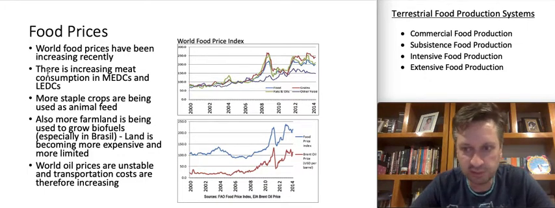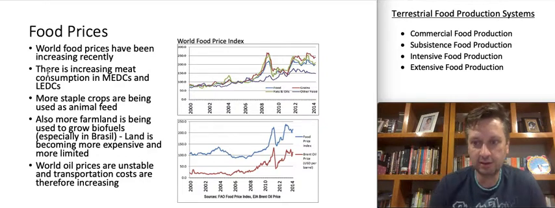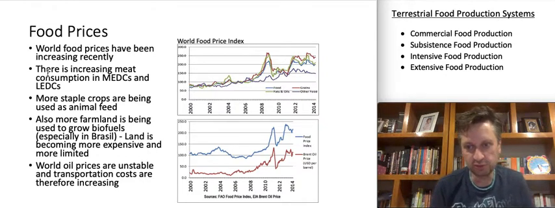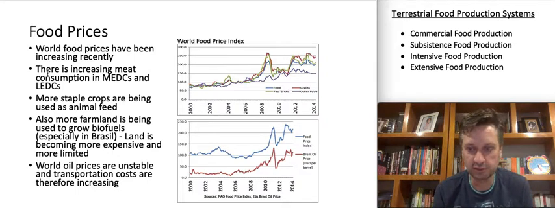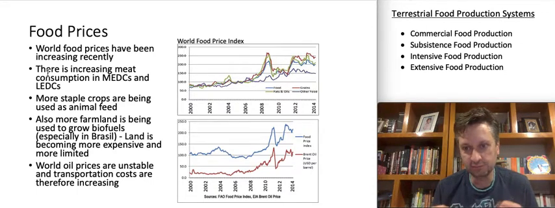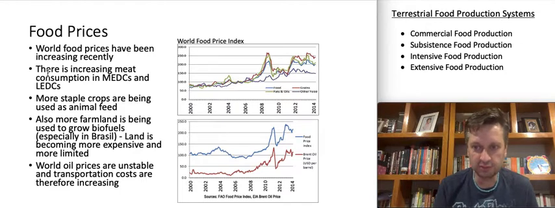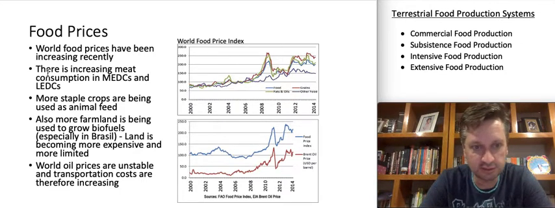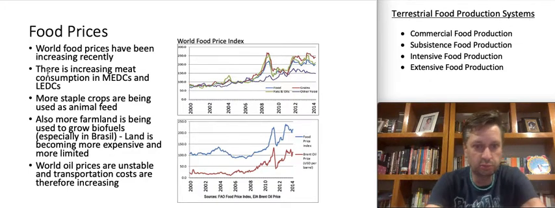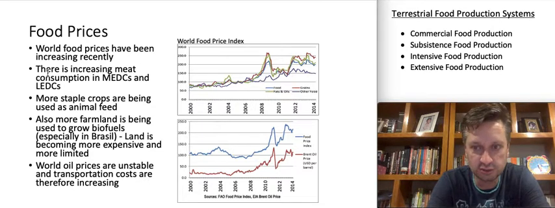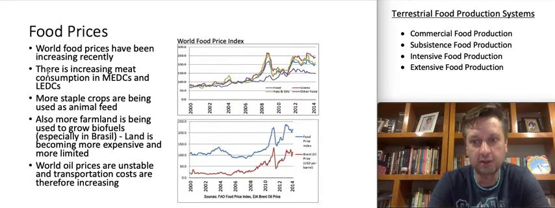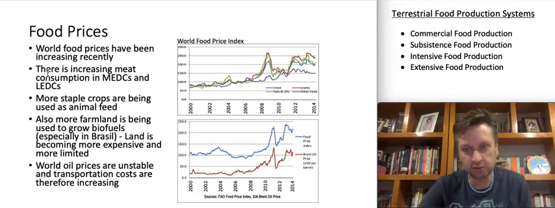Land is becoming more expensive and more limited. I think we've mentioned before that the two biggest growers and exporters of biofuels are the US and Brazil. And a big problem in Brazil is the use of land for agriculture and for growing biofuels, which is cutting into the rainforest and leading to deforestation. World oil prices are unstable, and therefore transportation and refrigeration costs are also increasing. So the costs of our food are increasing and are volatile at the same time.